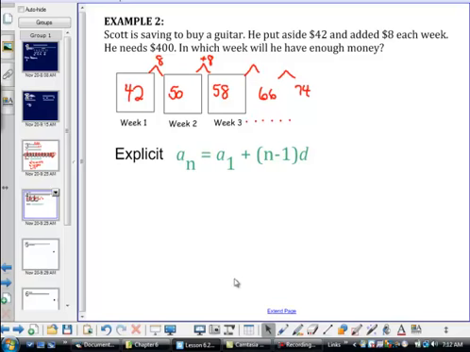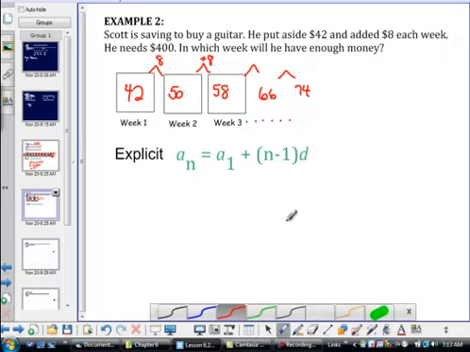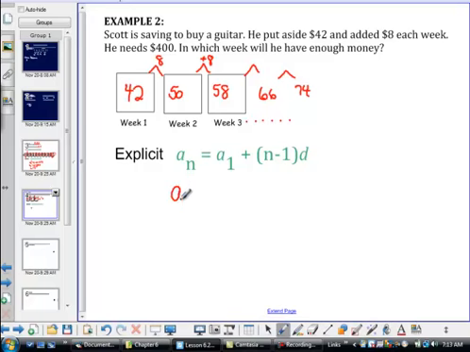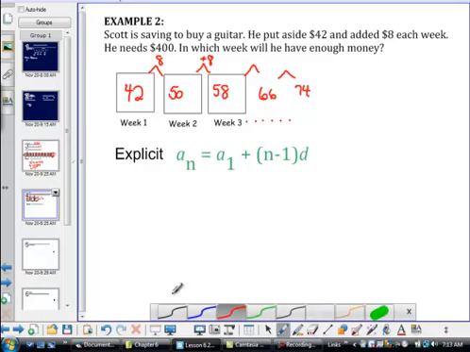And let's start filling in the blanks that we know. Well, we know the common, let's see, A sub n. We're trying to find out 400.